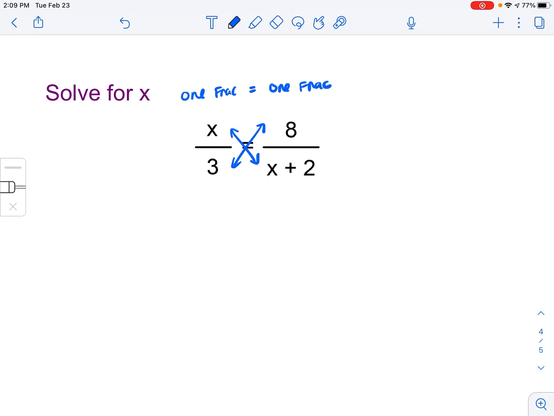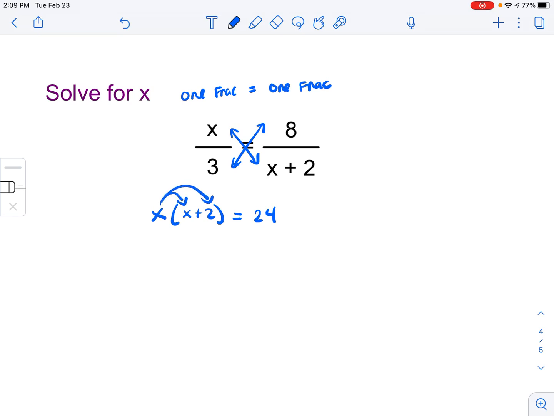So anytime that is the case, we can cross multiply by multiplying opposite numerator to opposite denominator, and the same on the other side. Once we've eliminated these double fractions, the rest is all about putting it into standard form, setting it equal to 0, and factoring.